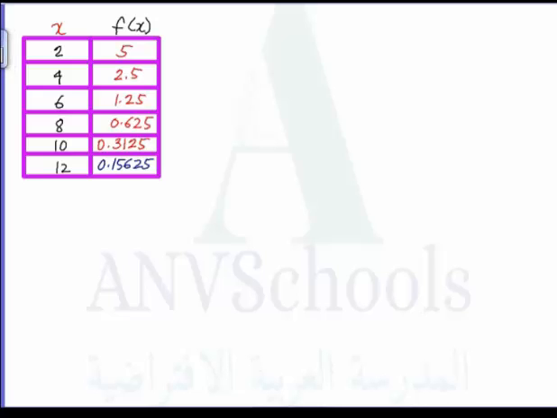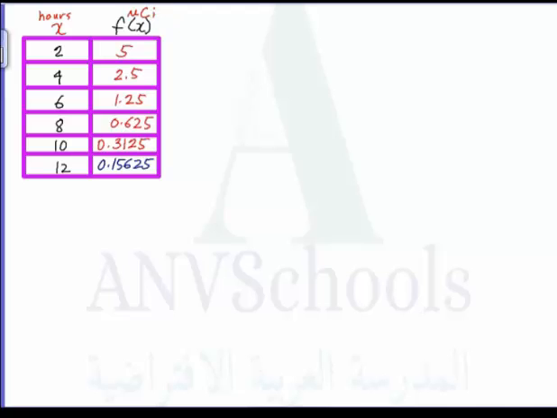Am I correct? And let us label our values here for our x. This is in hours. And our f of x would be in microcuries.